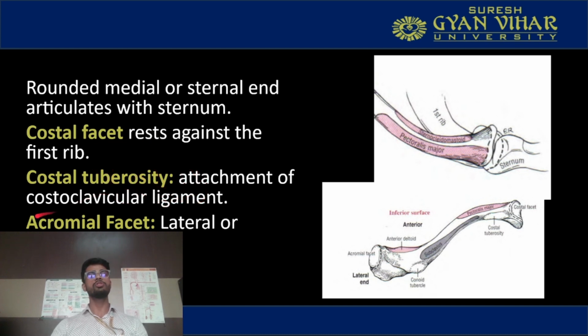So this is your costoclavicular ligament, present between the first rib and the clavicle. It starts from the first rib and ends at the costal tuberosity of the clavicle.